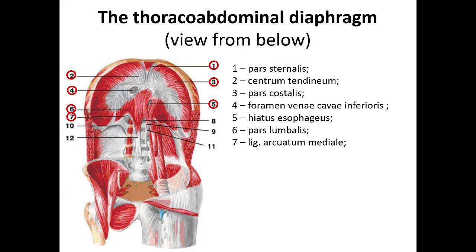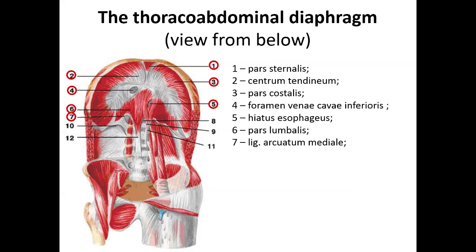They especially removed from here, from this place, musculus psoas major, so we can compare the situation without this muscle on the right side and with presenting musculus psoas major.